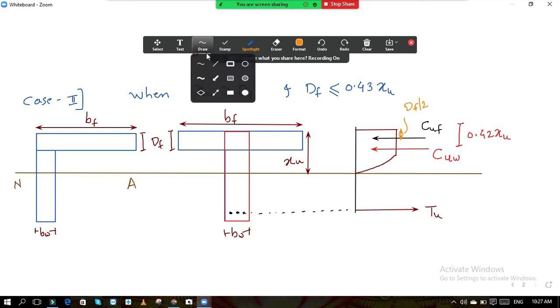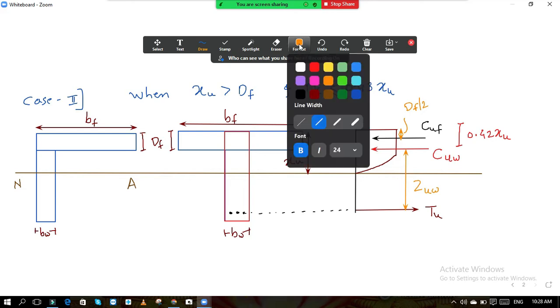Now, if you see the lever arm, the distance between the tensile force and the compressive force in the web is called ZUW, lever arm.